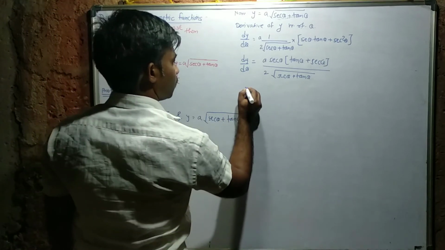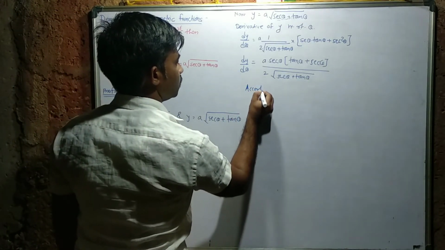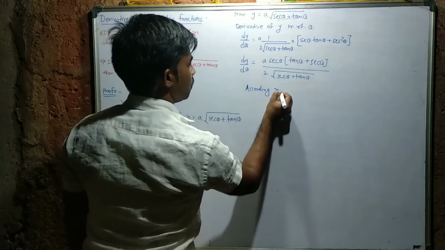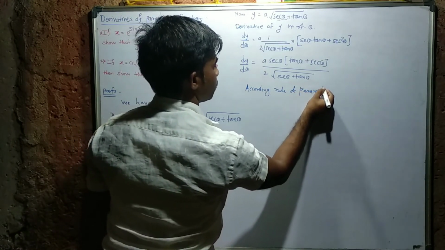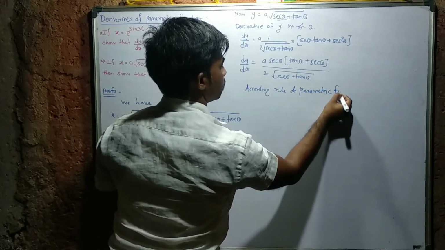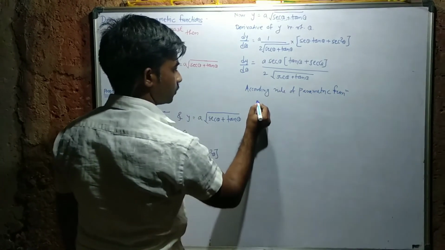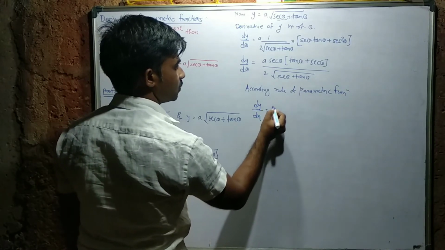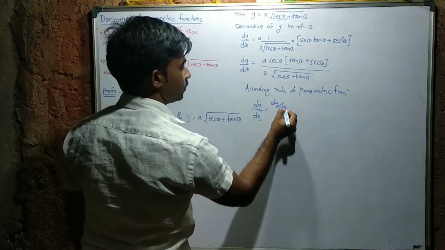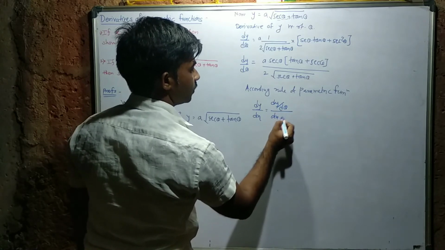Right now, according to the rule of parametric function, y is a function of x, and therefore dy by dx is equal to dy by d theta divided by dx by d theta.